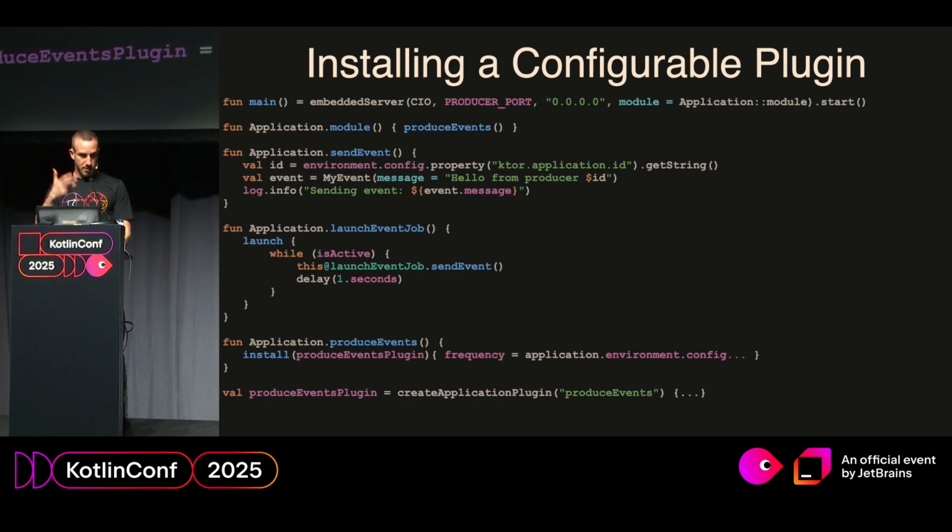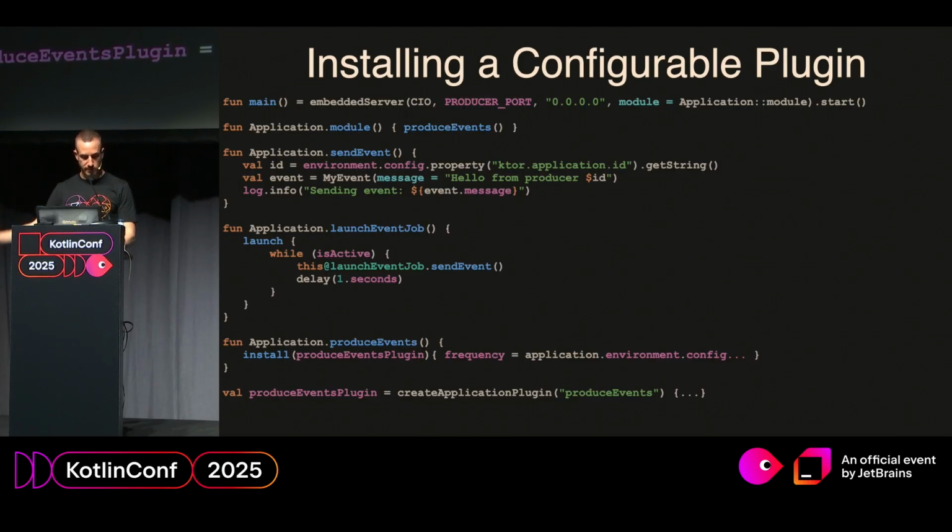But again, this is what it looks like at the end when we are installing our configurable plugin into a server that we just created. So again, we didn't achieve much here. To be honest, everything that we did, we could have done with the more imperative approach that we did before. But all of this becomes a lot more important when we consider scale, encapsulation, intent communication, and other concepts.